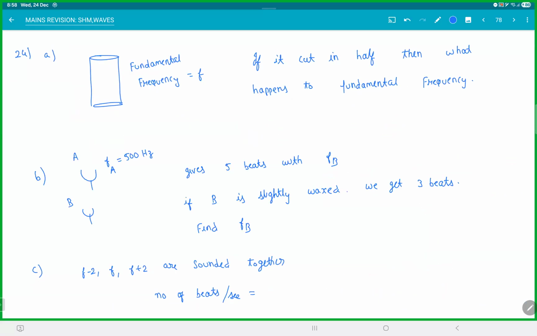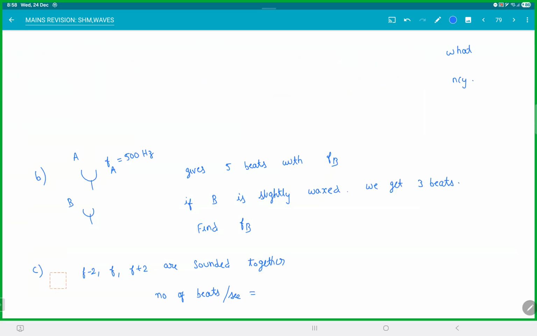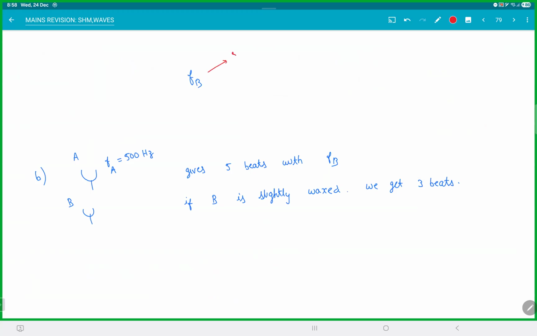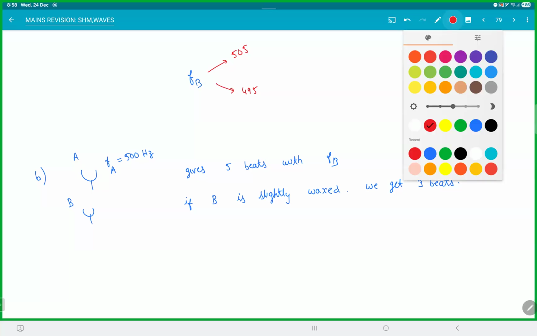There's still one more question there. So we have two tuning forks, and they're giving initially 5 beats. FB could have been, the difference is 5, so FB could have been 505 or 495. There are two options. But when you put wax on B, the frequency would decrease.